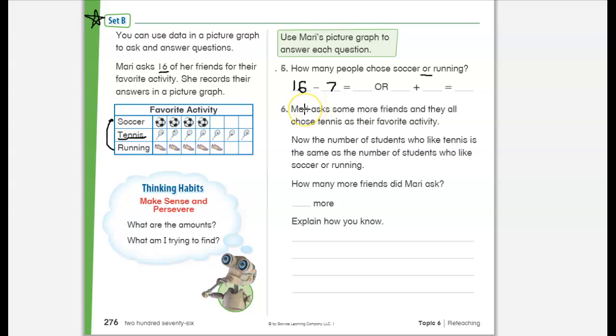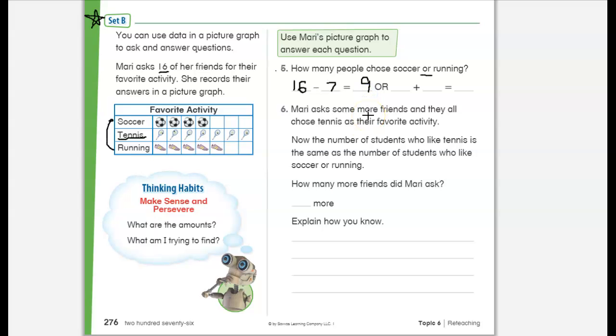You may use your paper or a whiteboard to work out your answer. 16 minus 7. Sixteen minus 7 is equal to 9.